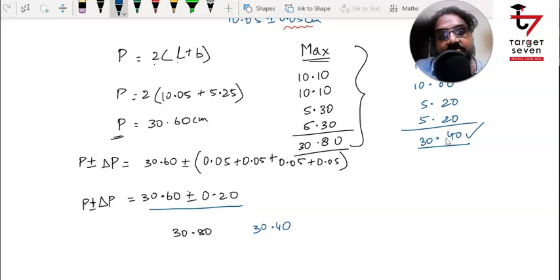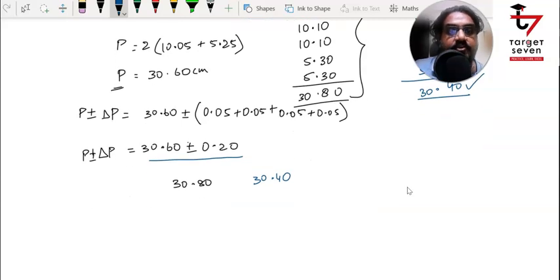So, is this the only way in which we will be able to determine the absolute uncertainty? Well, let's try to generalize this. If you notice carefully, the absolute uncertainty can also be written as 30.80 minus 30.40 divided by 2, which is actually 0.20.